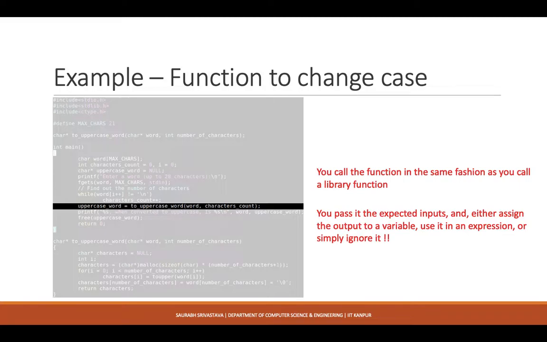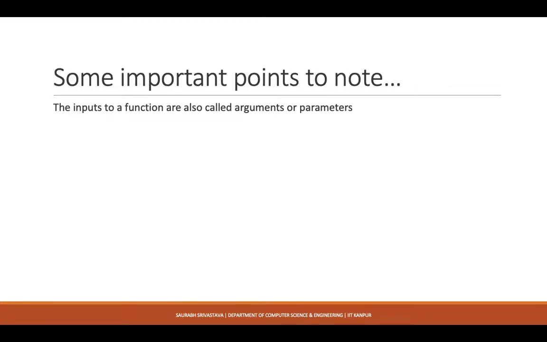So in theory, I could have simply written toUppercaseWord without this part. Of course, in this case I need the output of that function, so I am assigning it to a variable to use it later. But in theory you can ignore the output of a function. So this is possible. There won't be any error if you do so.